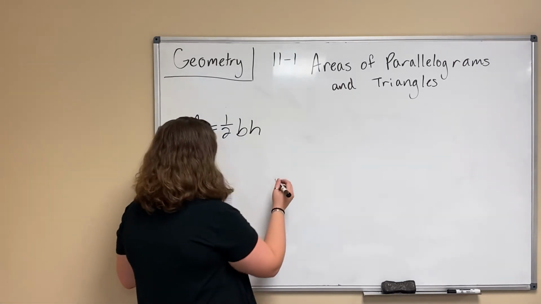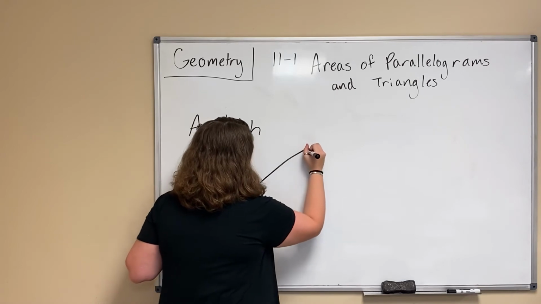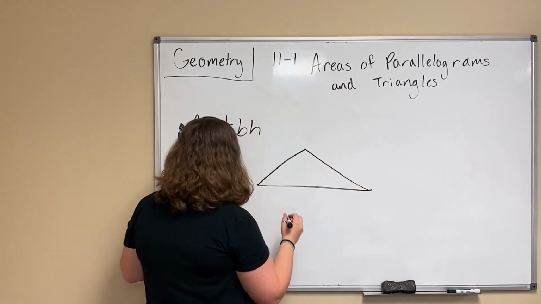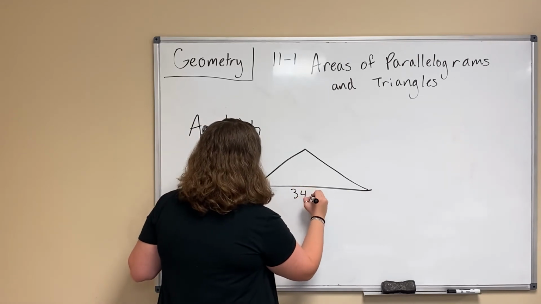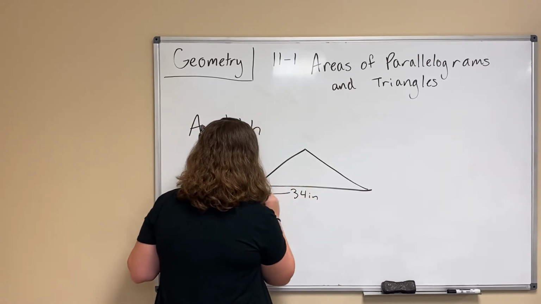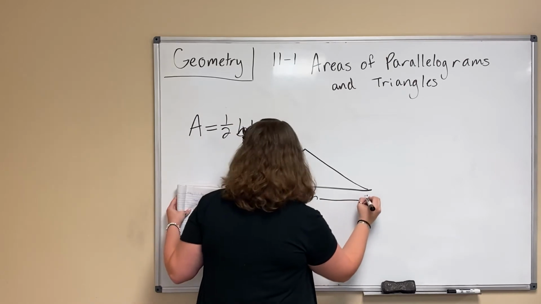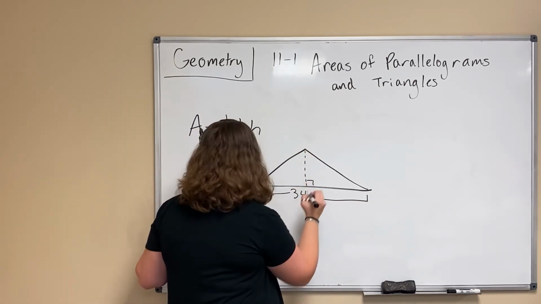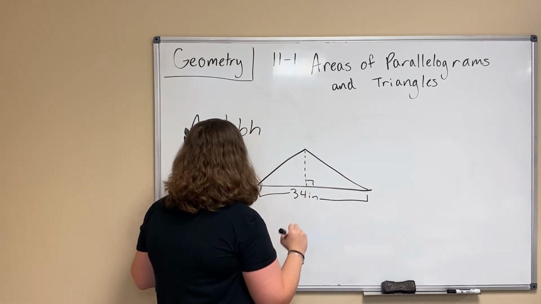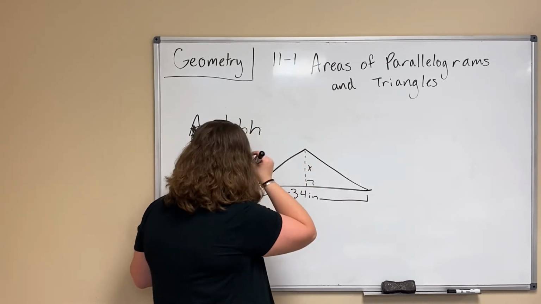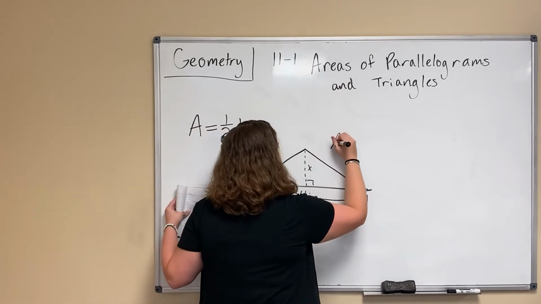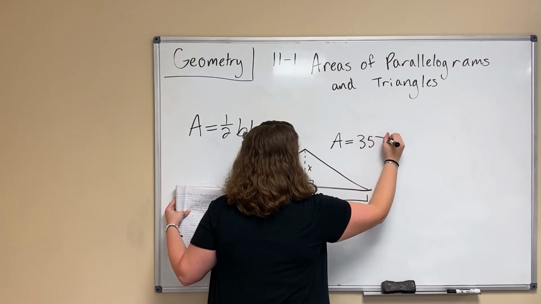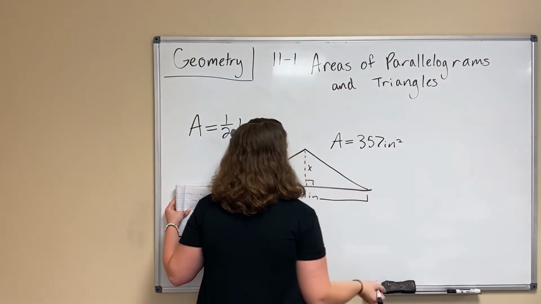So here's an example like you might see on your homework. I have a triangle. I'm going to say it's 34 inches at its base. I don't know how tall it is, so that's our x, but I do know that its area equals 357 inches squared.